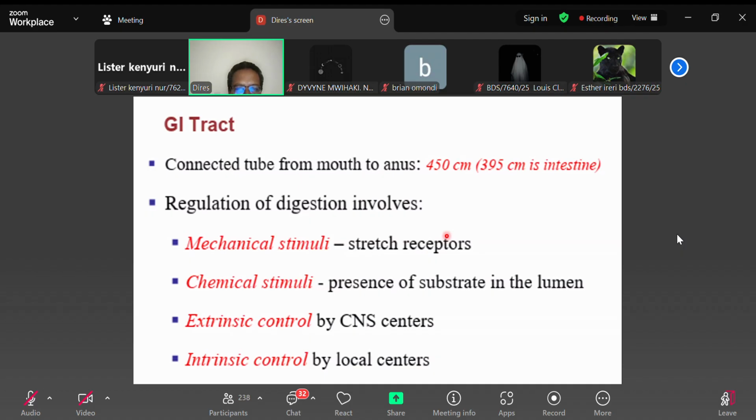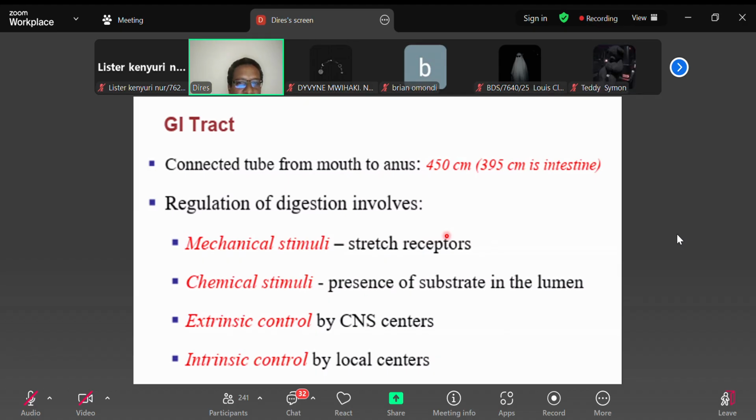It tells you that in the wall of the GIT there are local centers that control motility and secretion. This is intrinsic control, the enteric nervous system. Musa and Kevin, you mentioned it here. ENS, enteric nervous system: these are the neurons in the wall of the GIT, which detect, analyze, and respond on their own.